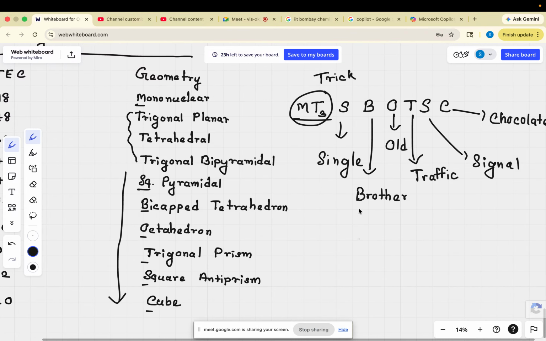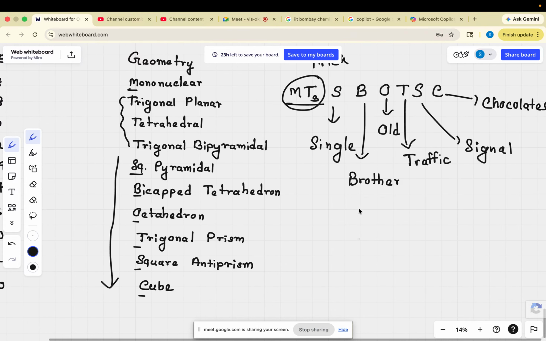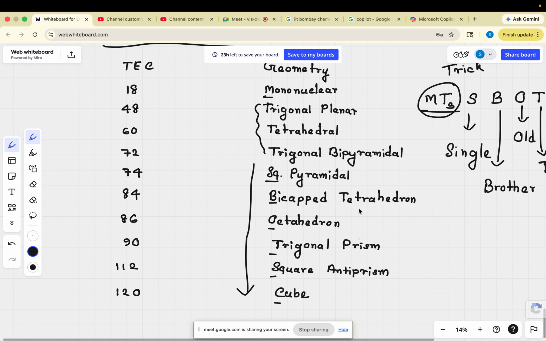So these geometries are only for particular total valence electron counts. We will do some examples like that. They will give you some compound, and then they will ask you what is the geometry. That time you have to just check the total electron count. No need to find out polyhedral electron count, and that's all.